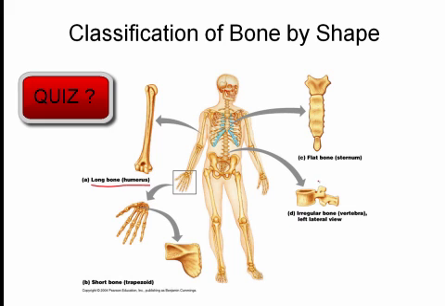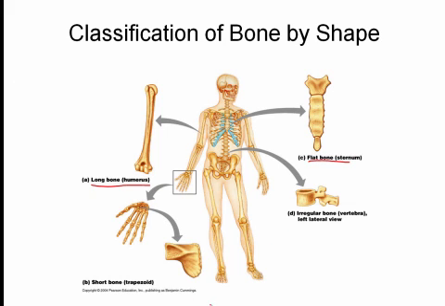Flat bones are plates of compact bone, very thin plates with a thin layer of spongy bone in between. A short bone is more equal in length versus width, certainly not square, but they are not long like the long bones. And then we have some others that are called irregular bones, such as the vertebra of the vertebral column.